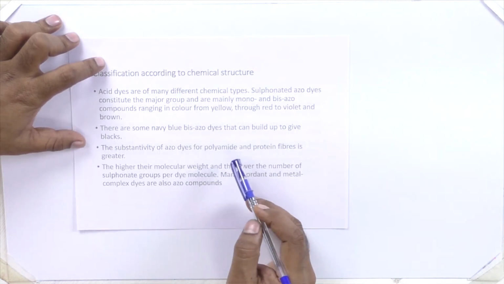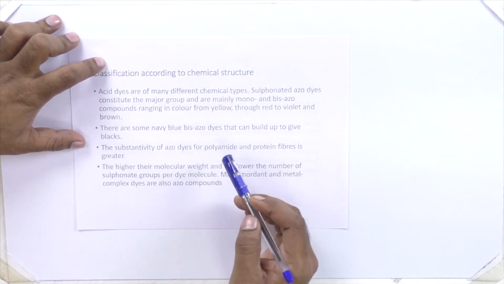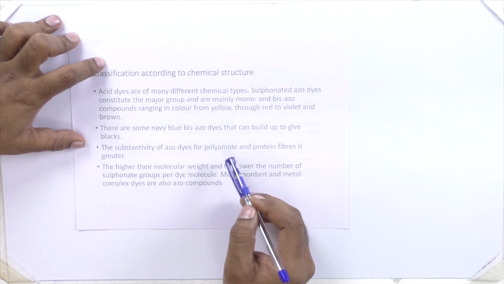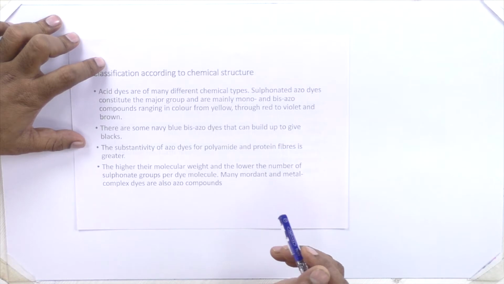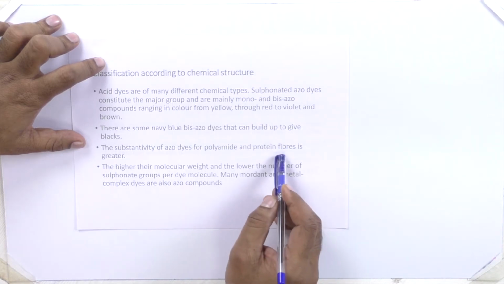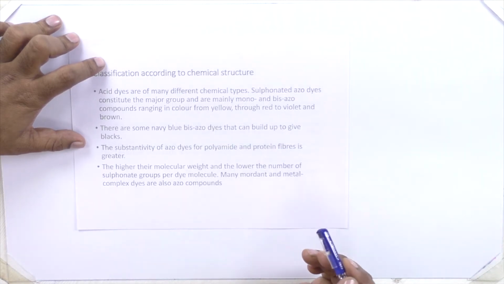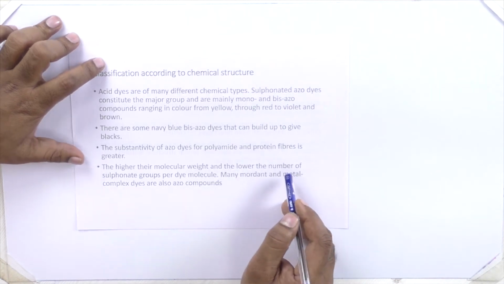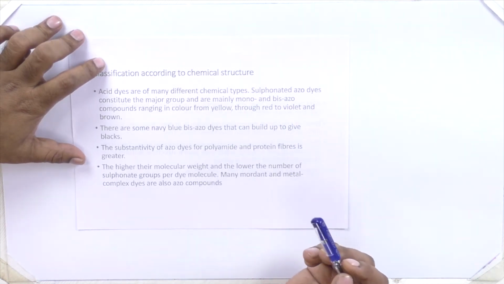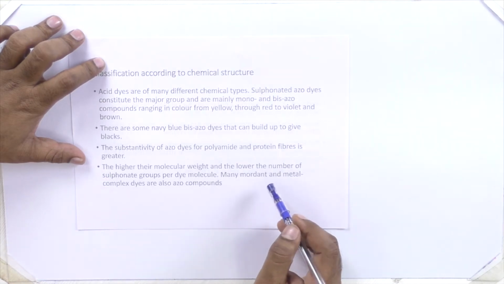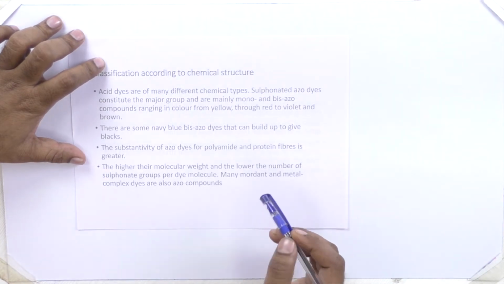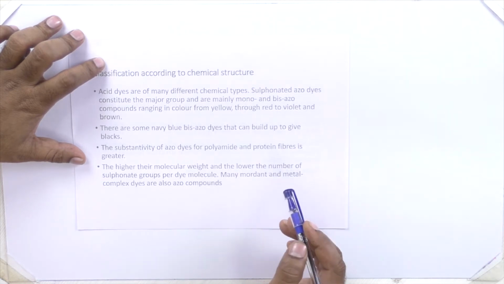Azo dyes have substantivity towards polyamide and protein fibers, and that is a very good substantivity. So we have to add some retarding agent to reduce uneven dyeing. Higher molecular weight and fewer sulfonated groups per molecule give better fastness and low migration properties.